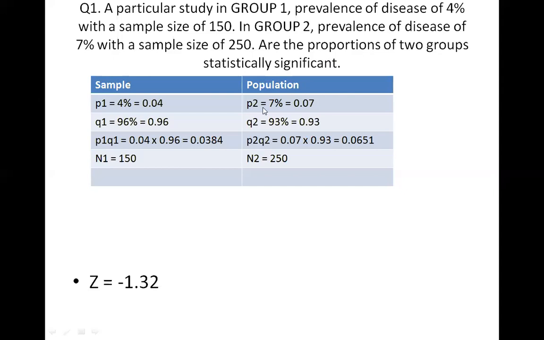So we have written these. P1 is 0.04, Q1 is 0.96, that is 1 minus P1. P2 is 0.07, and Q2 is 1 minus 0.07, that is 0.93. This is P1 into Q1. This is P2 into Q2. This is N1. This is N2.